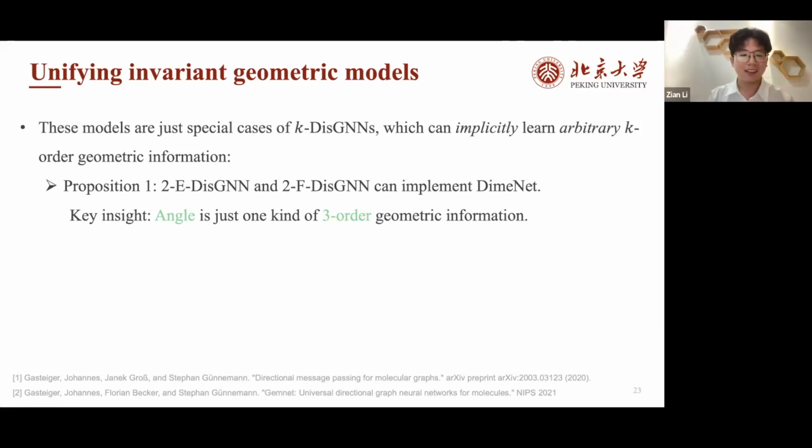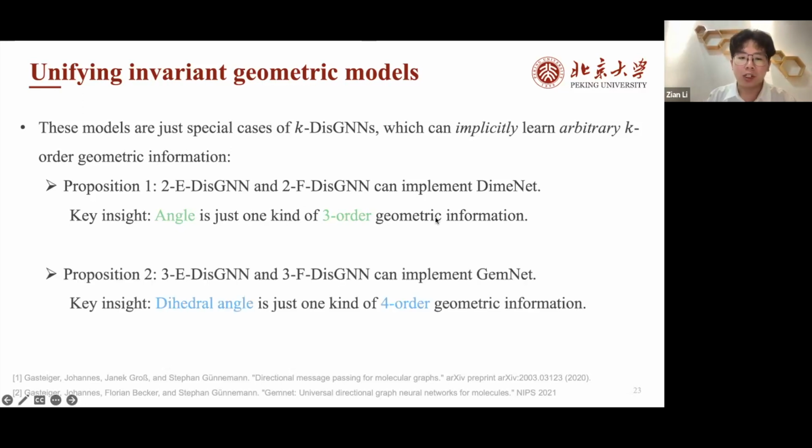Yeah. Oh, so the first proposition is we show that 2E and 2F DisGNN can implement these models. And the key insight for this is angle is just one kind of three-order geometric information. And we then give the second proposition, and we show 3E and 3F DisGNN can implement these models because the dihedral angle is just one kind of four-order geometric information.